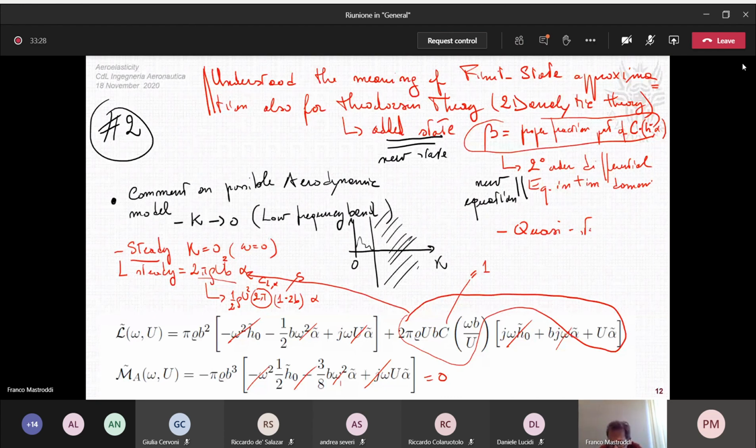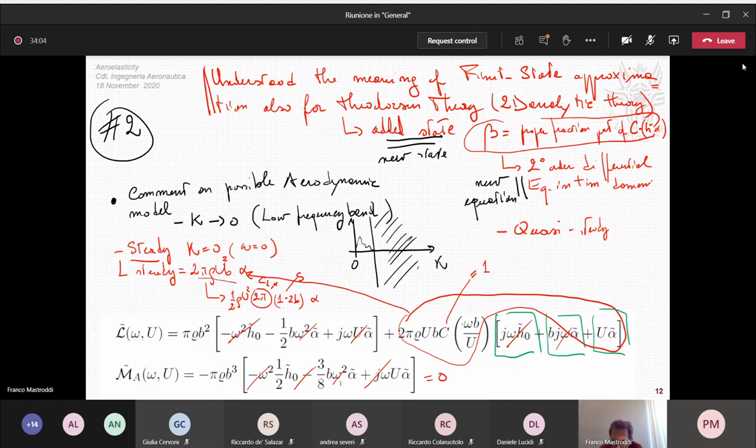Quasi-steady means that you do not consider the acceleration, so the power of 2, because for a small k, a small omega, omega squared is lower with respect to omega. Okay, so quasi-steady means including of course the steady part, but also this part here and this part here.